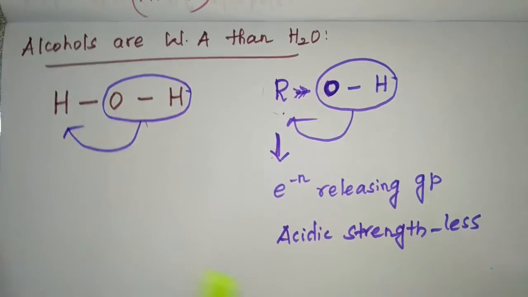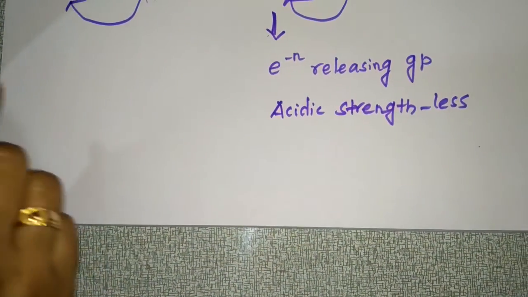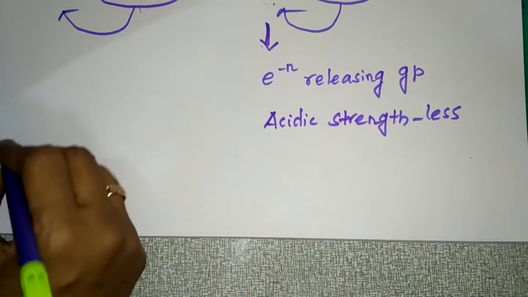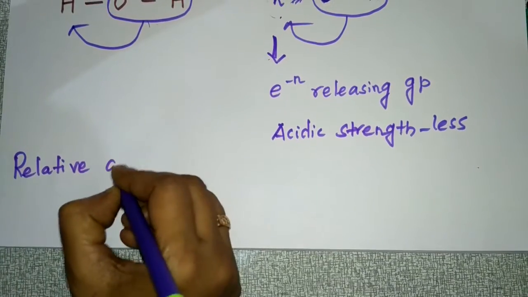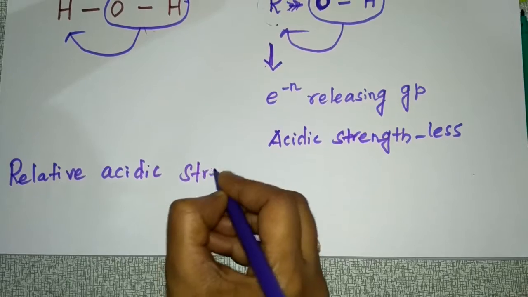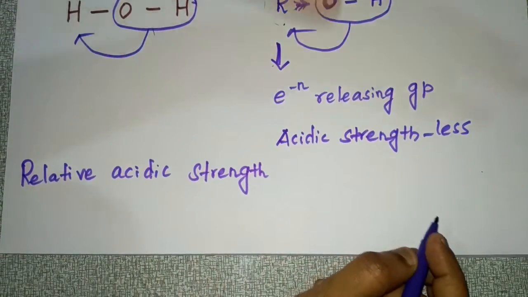Okay, and I'll tell you the relative acidic strength of alcohol. How will you write the order if you are taking primary, secondary, tertiary?